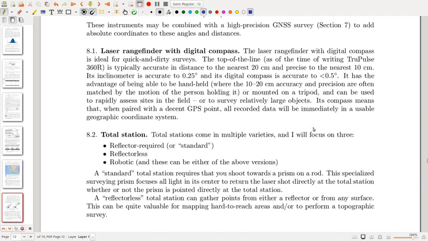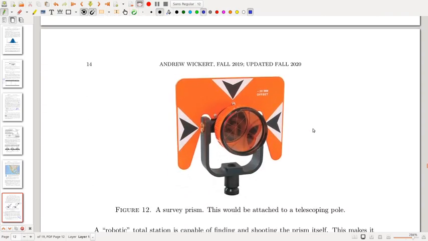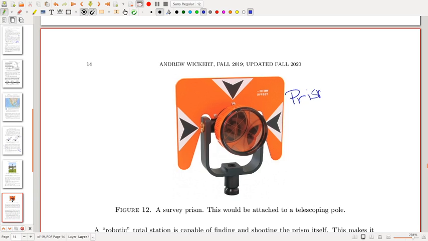So here I'm just kind of going over the different types of these instruments. That's not so important. The main important thing is that this is a prism, and this is retroreflective, meaning that whatever orientation you're shooting in from, the light is going to bounce straight back at you.